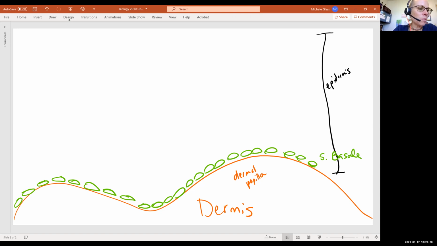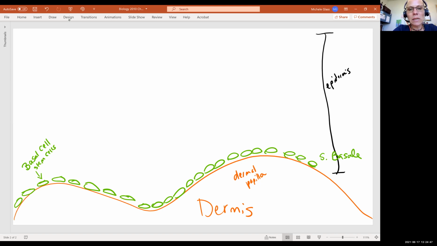Now the stratum basale layer has three important types of cells. So this first type of cell that I'm drawing in is going to be the basal cell. And the basal cell then is our stem cell. And remember, stem cells are significant because they maintain their ability to do mitosis.